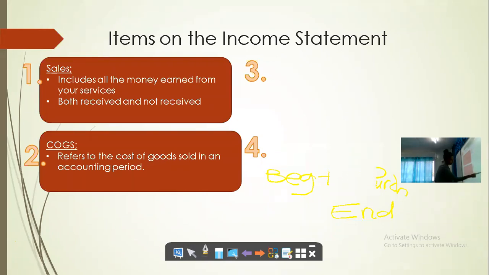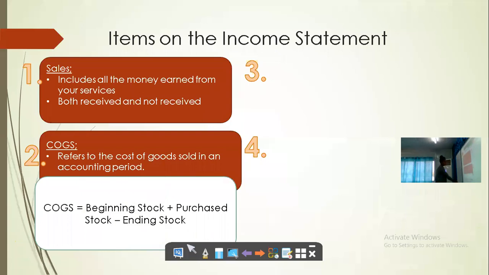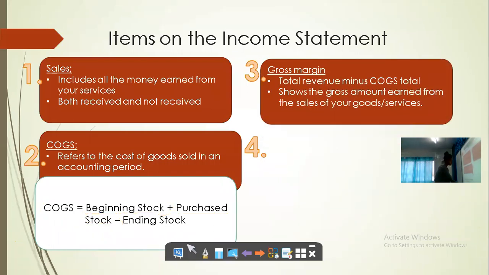So the formula: COGS equals beginning stock plus purchases minus ending stock. Okay, what's the third one? Gross margin. Gross margin shows what? Total revenue generated from sales minus the cost of goods sold. Well done.